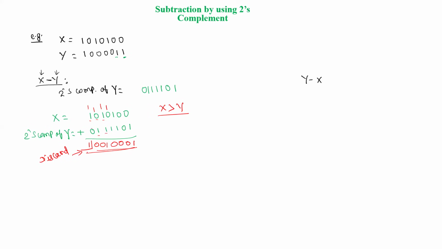Okay. Then only you will obtain the carry. Whenever the minuend is greater than the subtrahend, you will obtain the carry, and the obtained carry should be discarded, and the remaining digits as the sum are going to be the x minus y. You can verify also. x is what here?